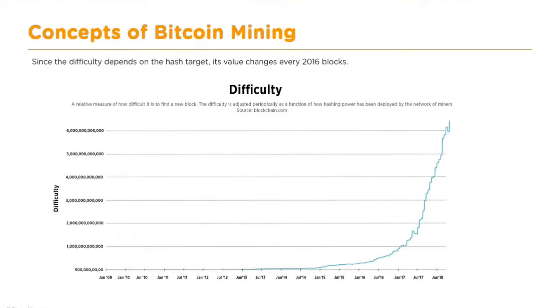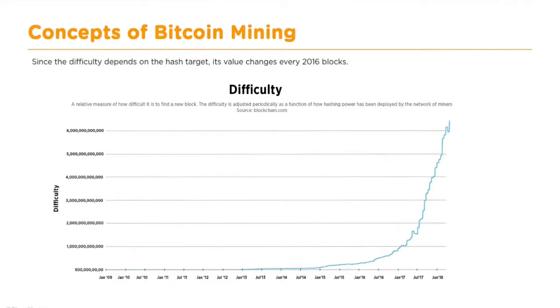Since the difficulty depends on the hash target, its value keeps changing after every 2016 blocks, as I said. As you can see, from the inception of Bitcoin in 2009 till today, difficulty has increased exponentially, and thereby the entire effort of mining and the computing power is also increasing.